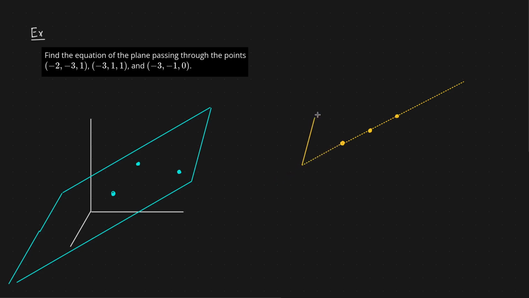For example, this plane goes through the 3 points, but also so does this plane.